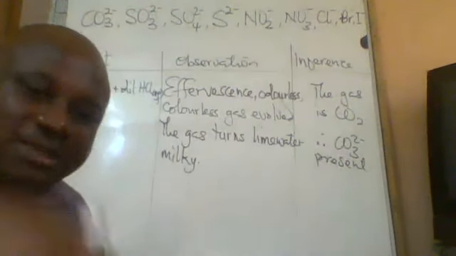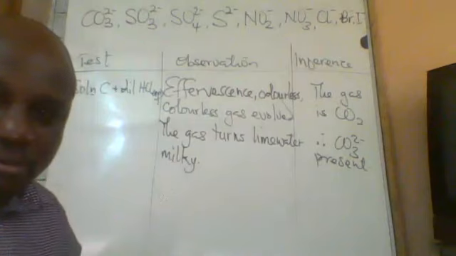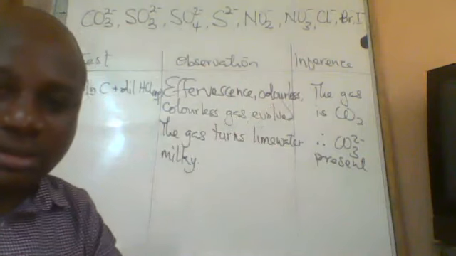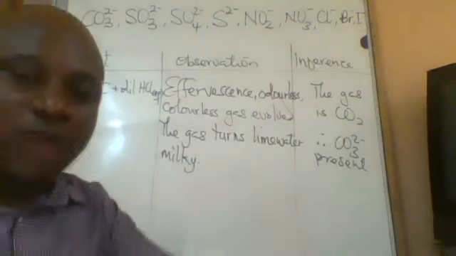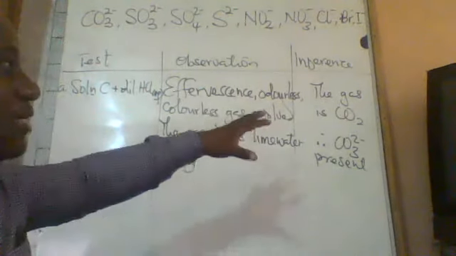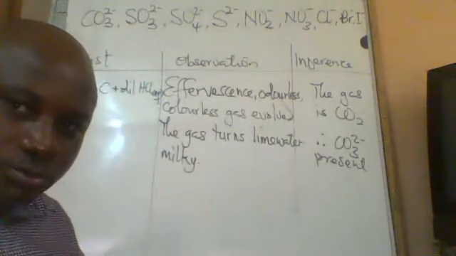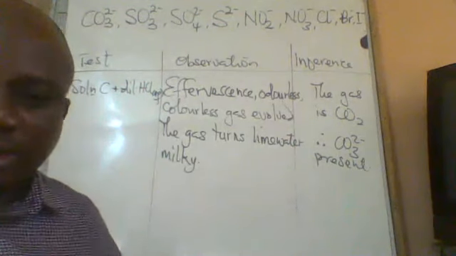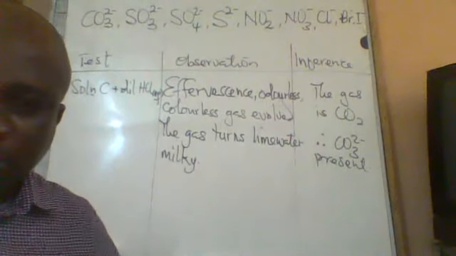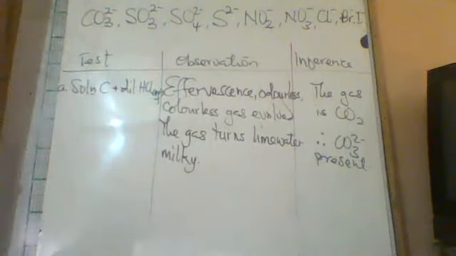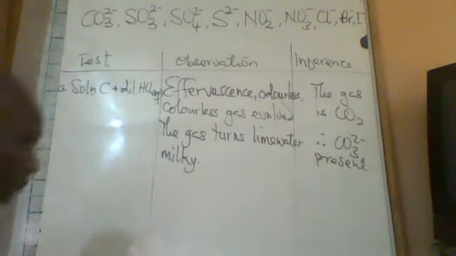The anion in the sample is carbonate. But it is the CO2 that is assisting us to confirm that the carbonate ion is there. So you don't write that the gas is CO2 and then full stop. No. The gas is CO2, therefore CO3 2 minus is present. Understood? And that is how we test for carbon dioxide gas in the lab. That's the confirmatory test. Any question there?